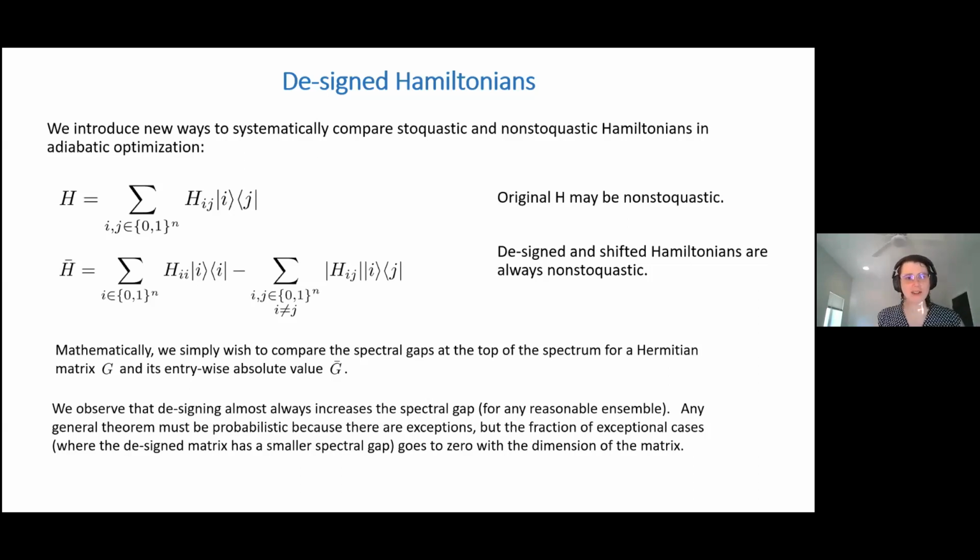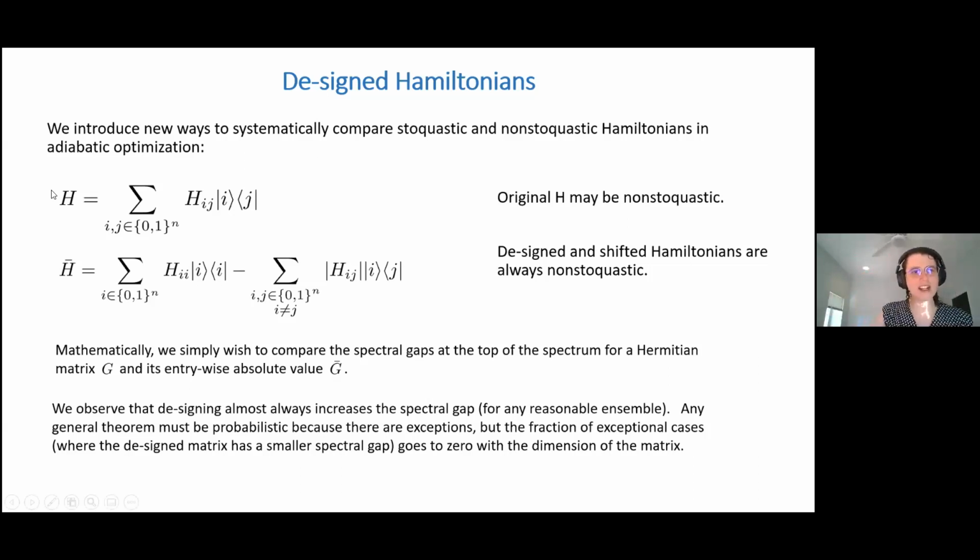So in mathematical terms, remember this connection between ground states of stochastic Hamiltonians. That is the same thing as the top eigenvector of an entry-wise non-negative matrix.